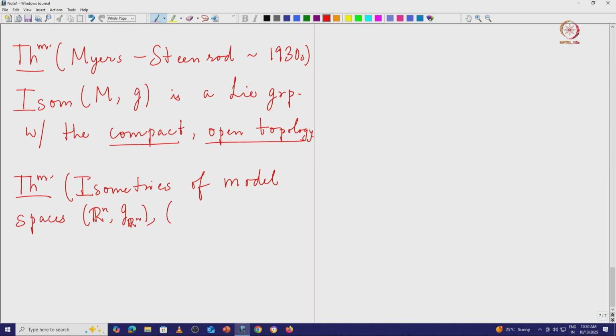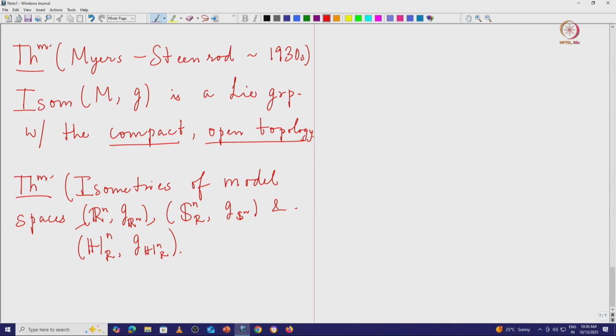They are basically the Euclidean space, the sphere and the hyperbolic space. Okay, the reason why they are called models will be clear only much later in the course. In fact, these three are going to serve as models for zero curvature, which is the Euclidean space, positive curvature, which is the sphere, and negative curvature, which is the hyperbolic metric. Okay, but this part will be clear only later in the course.